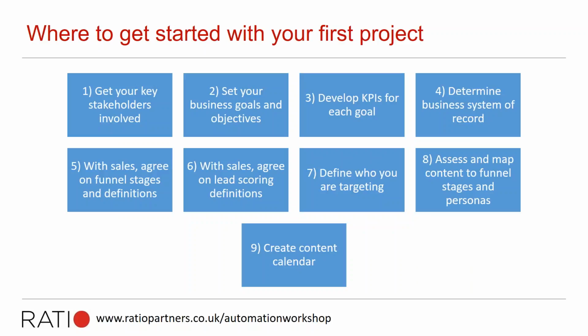So where do you get started with your first project? The temptation with a lot of organizations once they've purchased a marketing automation system is to just automate everything they're doing currently with their current marketing strategy. And that might be the right way to go, but I would try and resist that temptation and try and treat this as a completely new project. When working with clients, we've identified 9 key areas that you need to tackle.